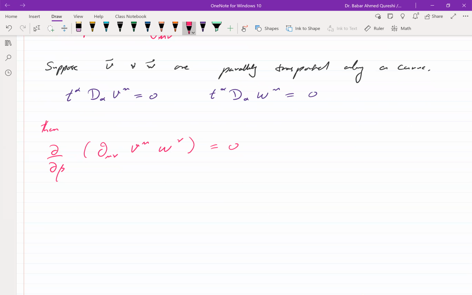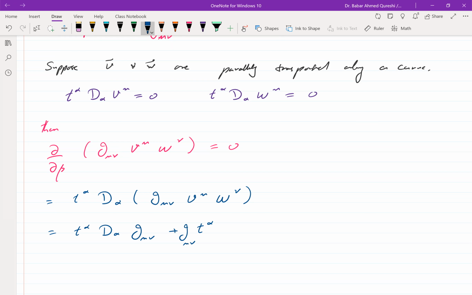So how do I write this? This is a number, so it's just an ordinary thing, but I should be able to use my Leibniz rule. So I get T alpha D alpha G mu nu plus T alpha G mu nu comes outside, T alpha D alpha V mu W nu.